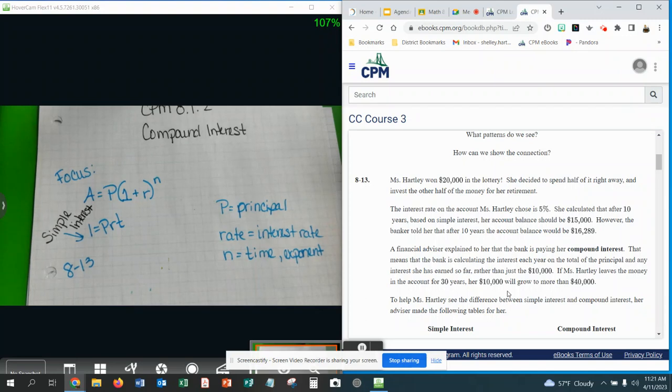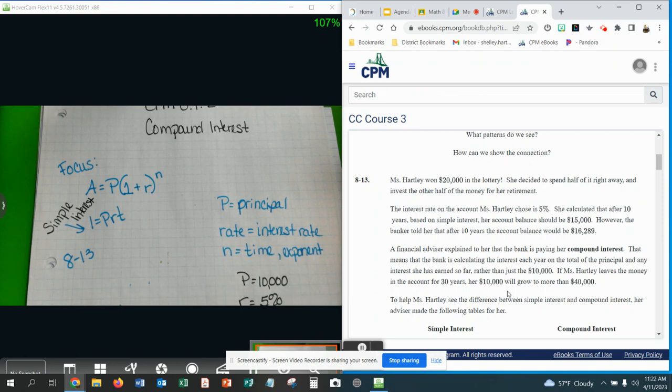Great. So Miss Hartley won $20,000 in the lottery. She decided to spend half of it right away and invest the other half for her retirement. The interest rate on the account Miss Hartley chose is 5%. So our principal equals $10,000, and our rate is 5%.